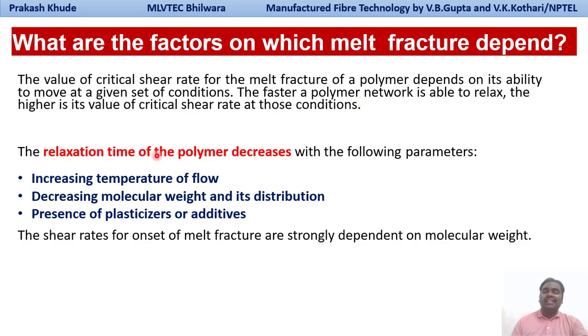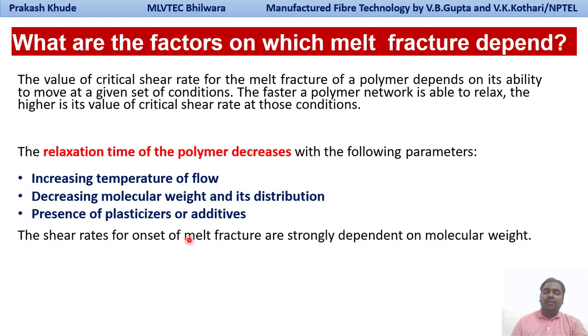So the relaxation time of your polymer decreases with the following parameters. First, by increasing the temperature of the flow; by decreasing the molecular weight and its distribution; and with the presence of a plasticizer or additives, the relaxation time of your polymer can be decreased.